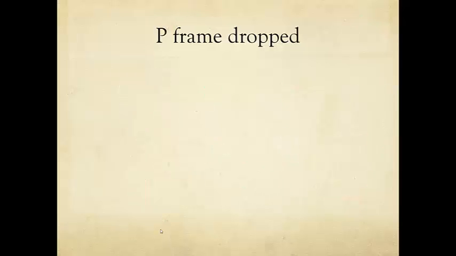Now, what if you drop the P frame? The I frame is properly received, it is 1, or 1, 1, 1, 1. The P frame is dropped, so you just look at the previous I frame, and it will say I'm also 1. Same thing with the B frame, we'll look at before and after.